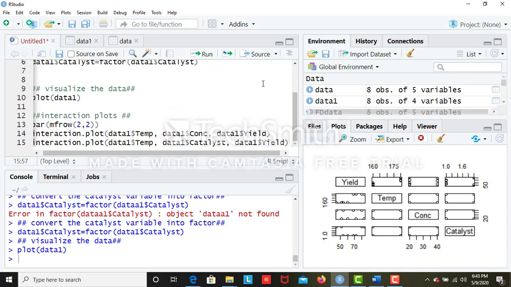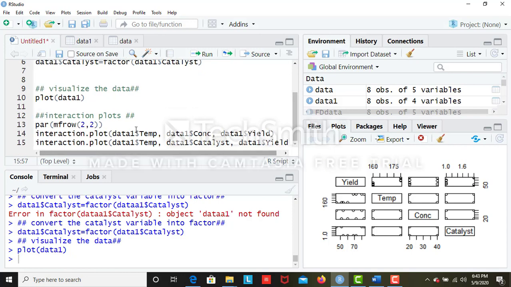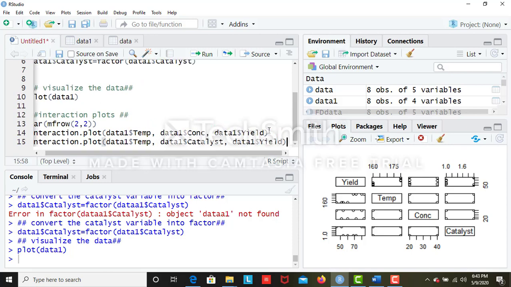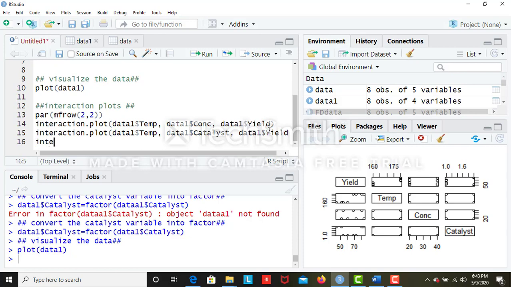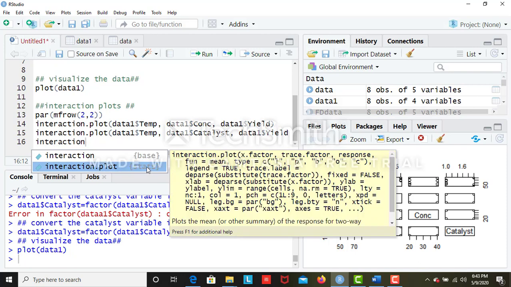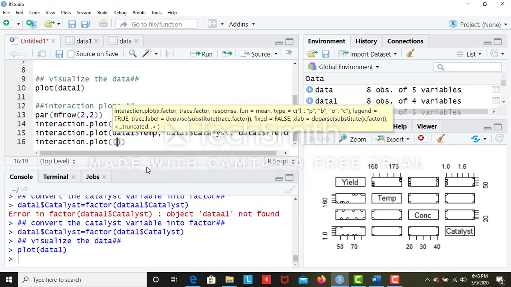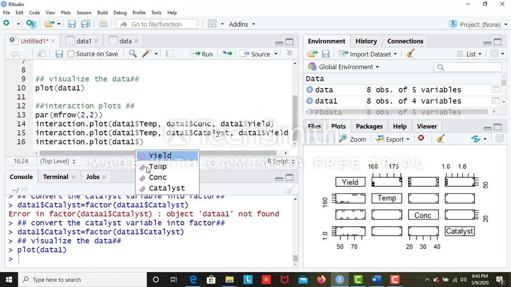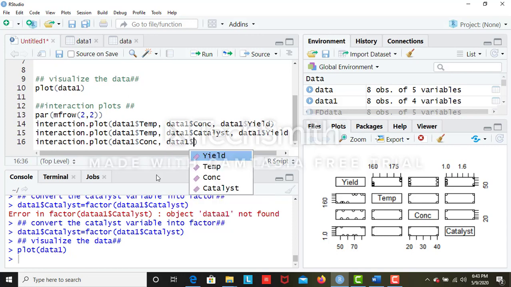Now I'm going to have the last interaction plot here: data 1 concentration, and then data 1 catalyst, and then yield.